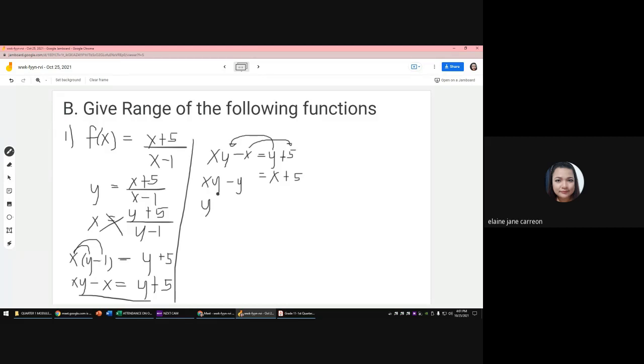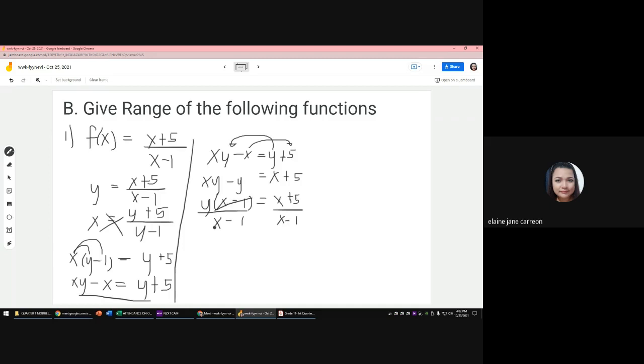Now, let's factor out y in the binomial. So, xy divided by y is x, minus y divided by y is 1 equals x plus 5. Now, let's isolate y by dividing x minus 1 to both sides of the equation.